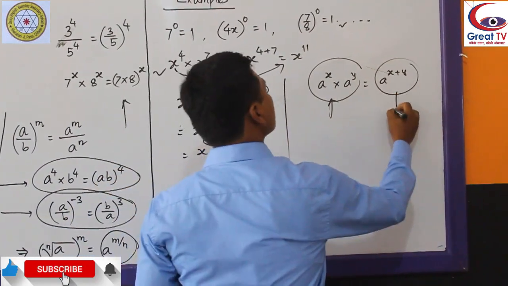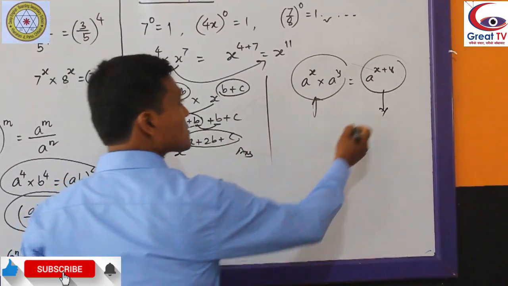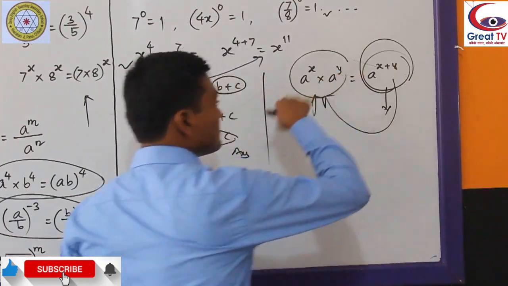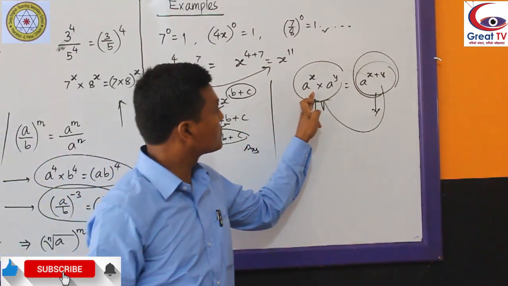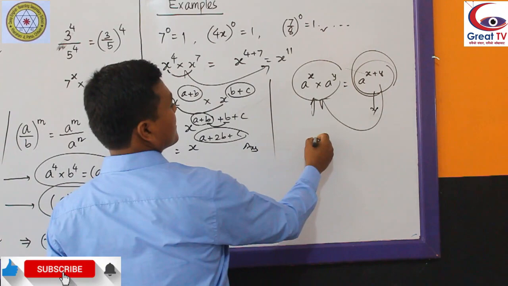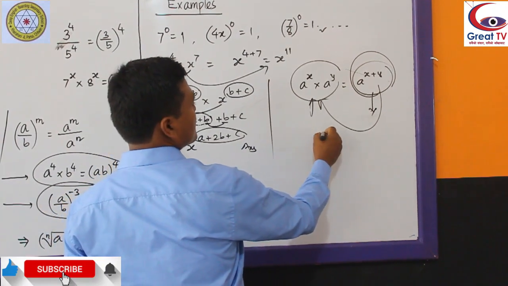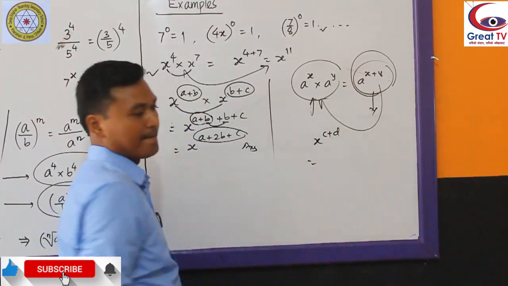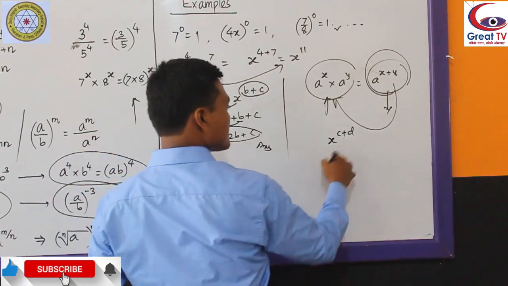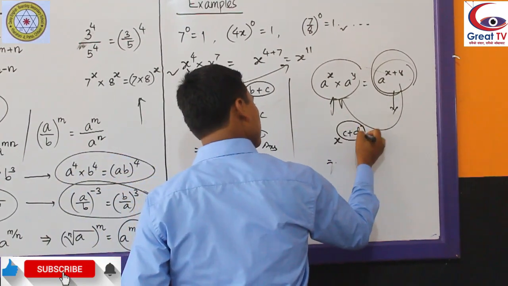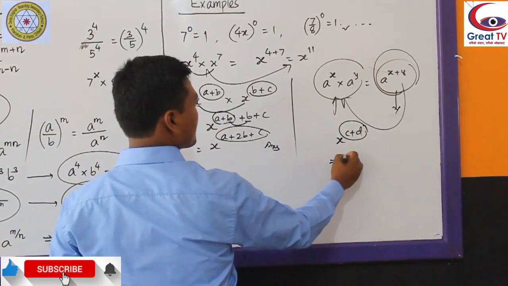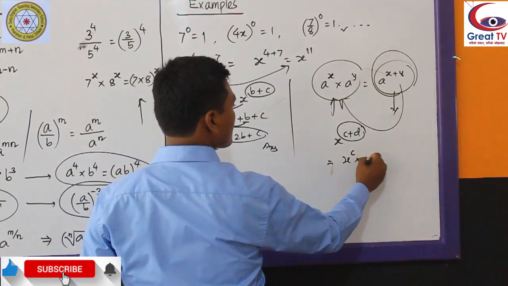But while solving some questions, this can be broken the other way also. If we have x to the power c plus d, it can be broken, as the powers have been added, into x to the power c times x to the power d.